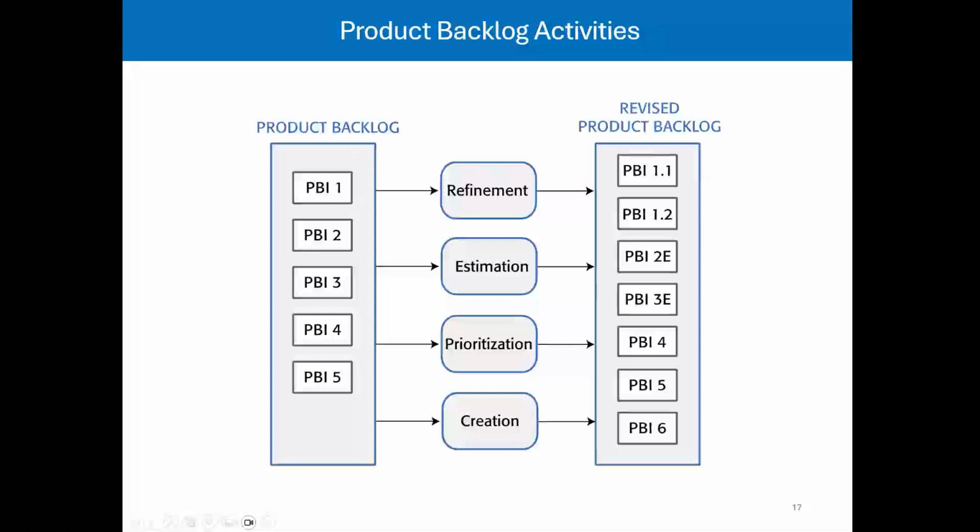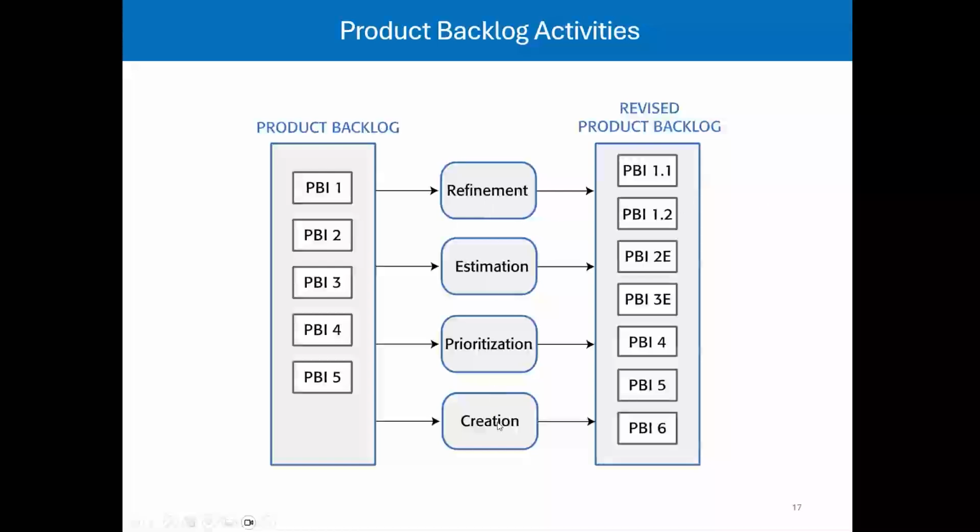So we start with a simple list of PBIs, PBI 1, 2, 3, and etc. These may have been captured early on and are likely high level or incomplete. So this is often the state of the backlog right after a brainstorming session or a product kickoff meeting. Lots of ideas, but not yet ready for sprint planning.